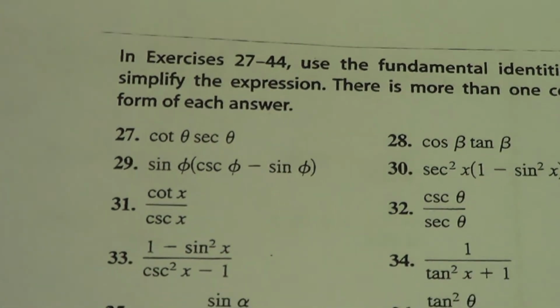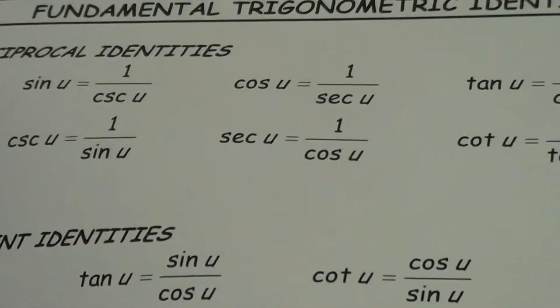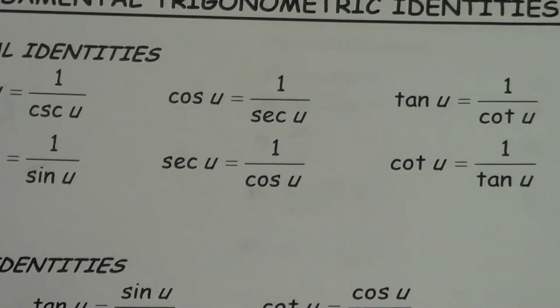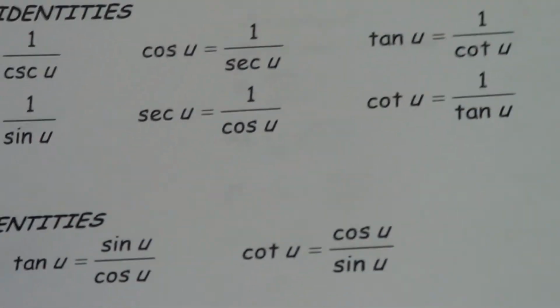If you look at the quotient identities, cotangent is equal to what? Cosine over sine. Right, so we're going to put cosine of theta over sine of theta.